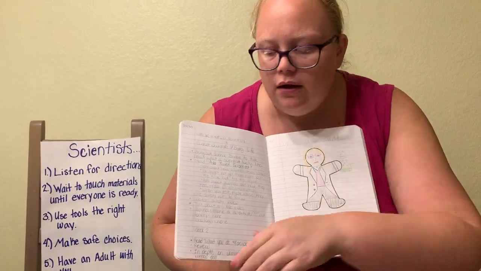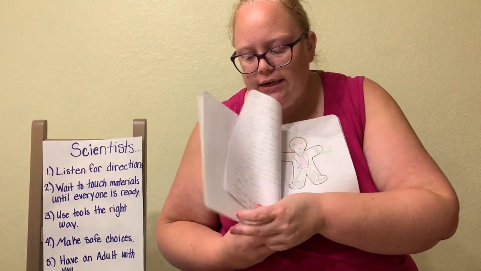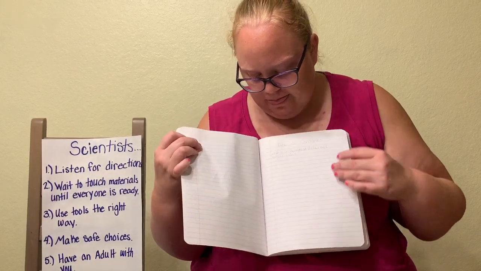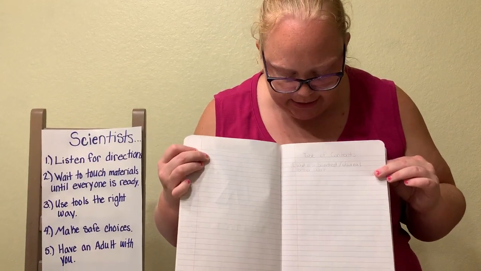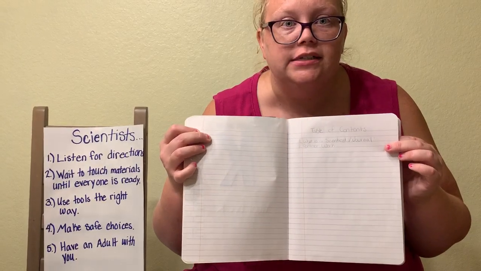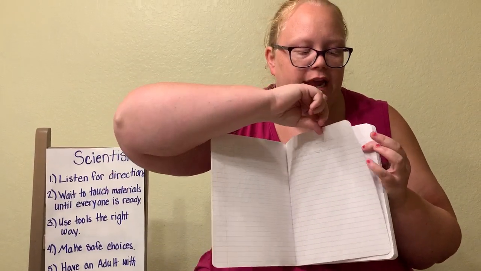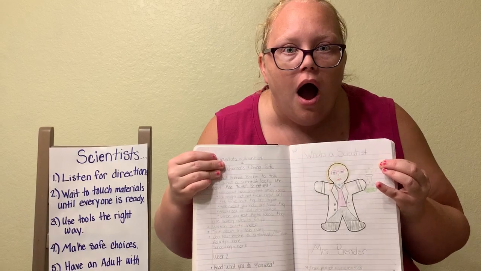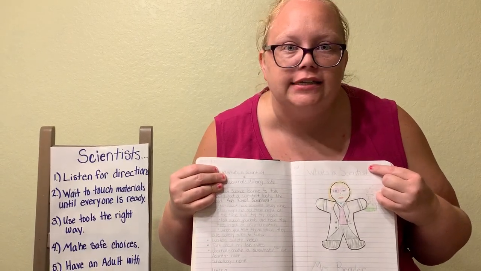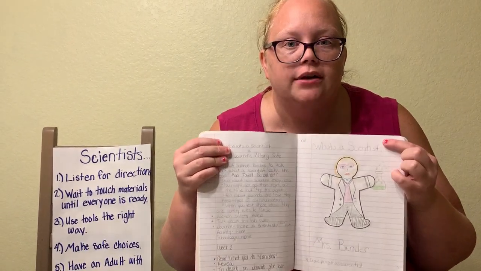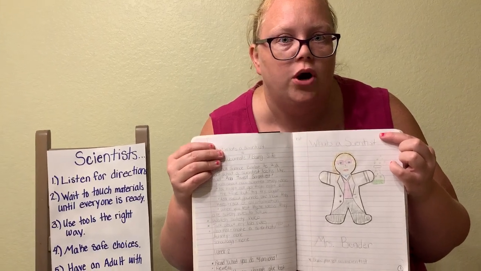But wait, if I go back to my table of contents, number 1 says, what is a scientist? And when I turn to page 1, it says, what is a scientist? And that's why our table of contents is so important.